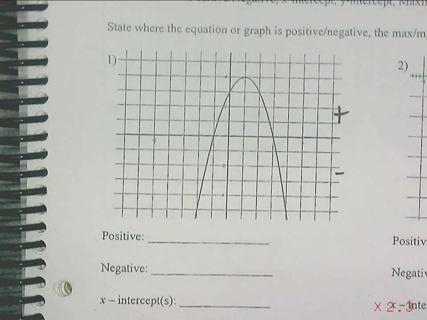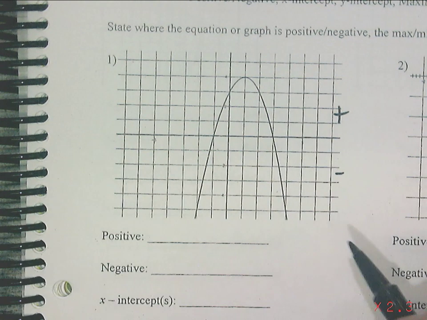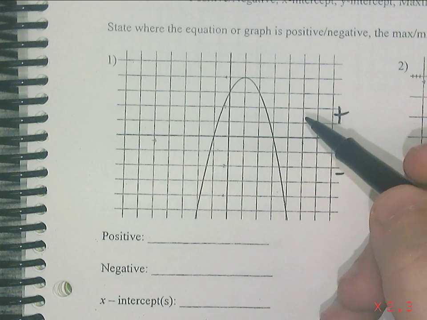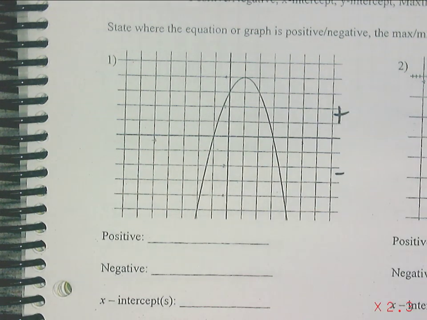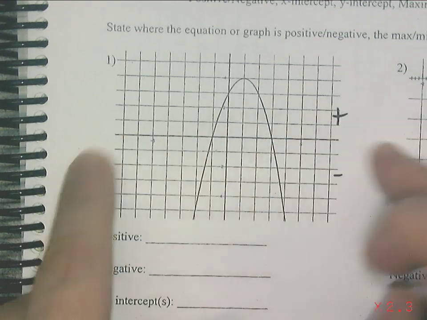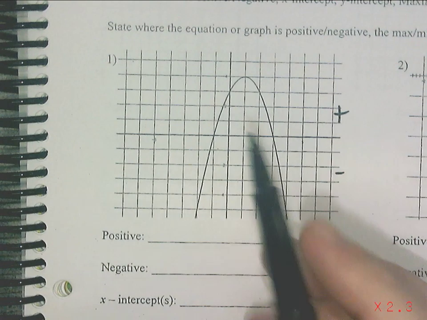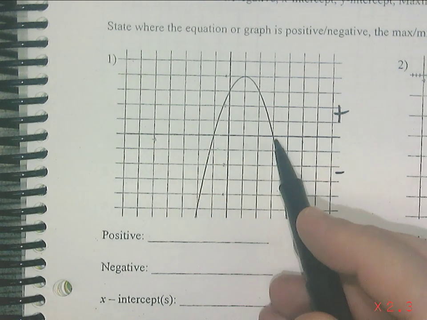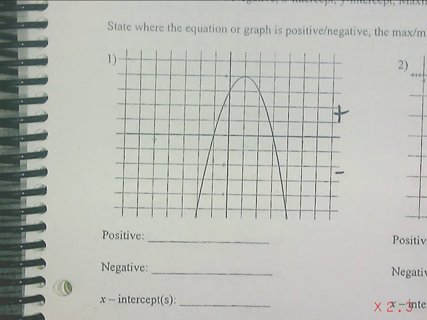So when I want to figure out the positive parts of a graph, I'm looking for everything that is above the x-axis. And just like with increasing, decreasing, we are writing that down in interval notation. Again, everything is in terms of the x values. So we're looking at which x value the line goes above the x-axis and which x value it goes to until it goes back below it.